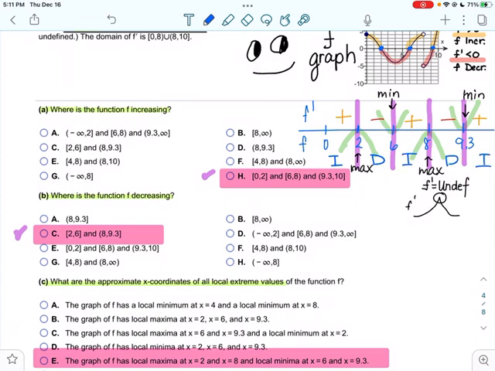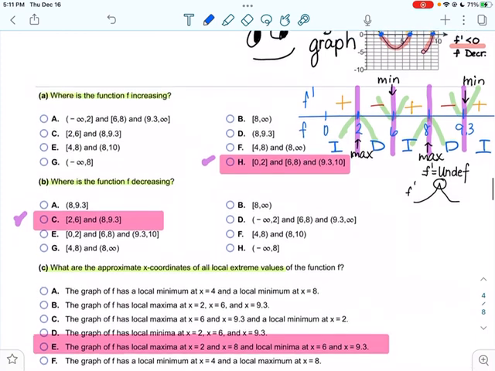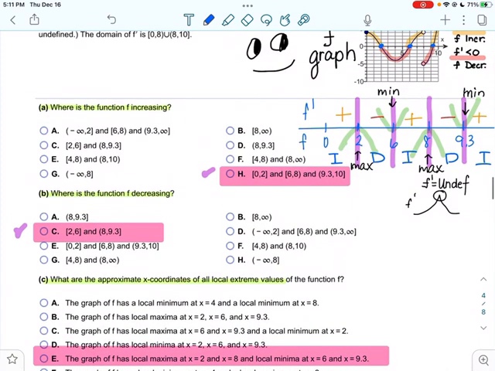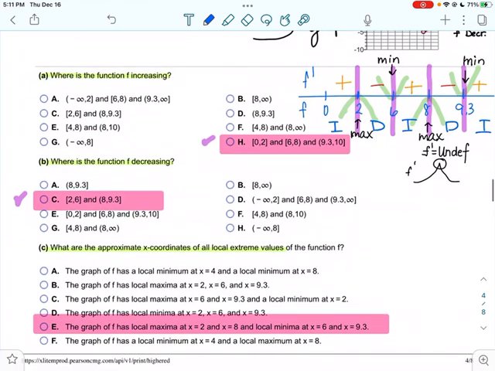So you can see we have a max at 2 and 8, okay? And then we have local minimum at 6 and 9.3, okay? And here we're saying, what are the approximate x-coordinates of all local extrema?